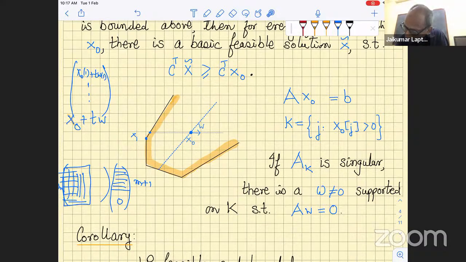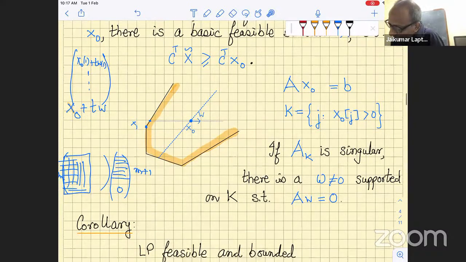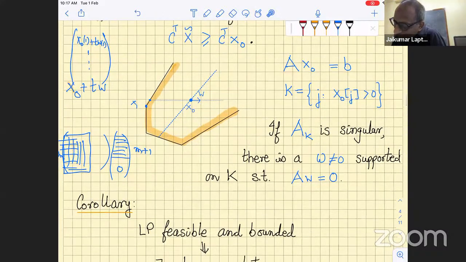So in this, I of course missed one important thing. When you move in this direction W, and if in this direction you can go on indefinitely, and in this direction, W's was giving you... thank you. I think you pointed out something. So one has to be careful in which direction one has to move.